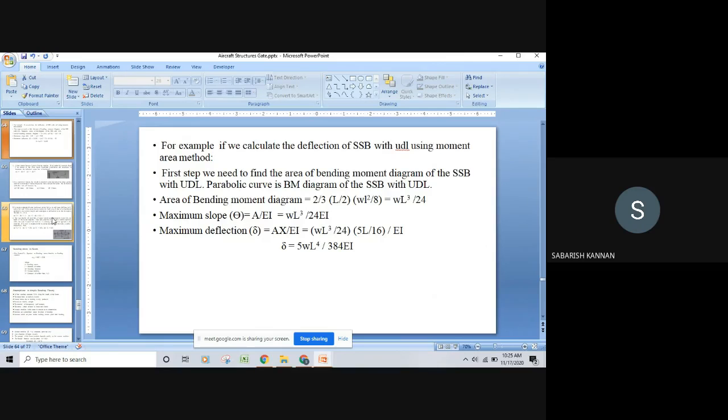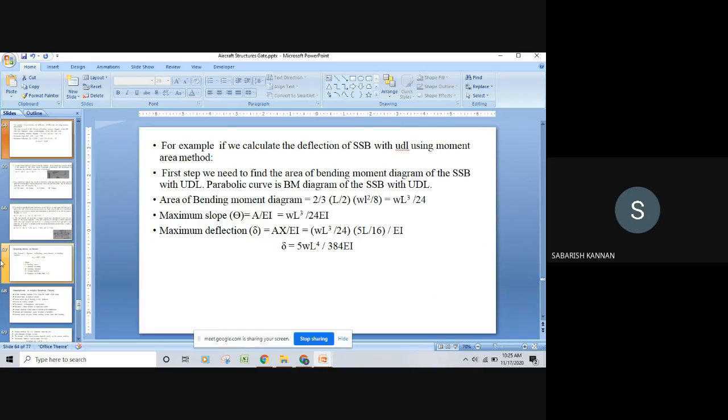See this slide. I just simply explain how we find the maximum slope and maximum deflection values in a simply supported beam subjected to UDL. For a simply supported beam with UDL, the bending moment diagram is a parabolic curve.